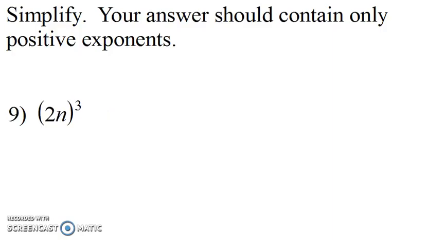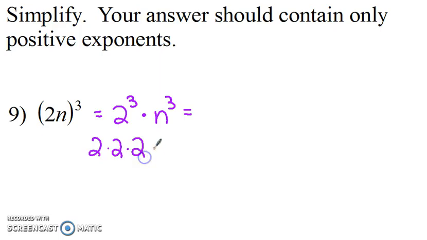All right, here is a power rule with a letter in it. We're going to treat each of these as individual pieces. So this 2 is going to get a 3 on it. And this n is going to get a 3 on it. 2, 3 times. n, 3 times.